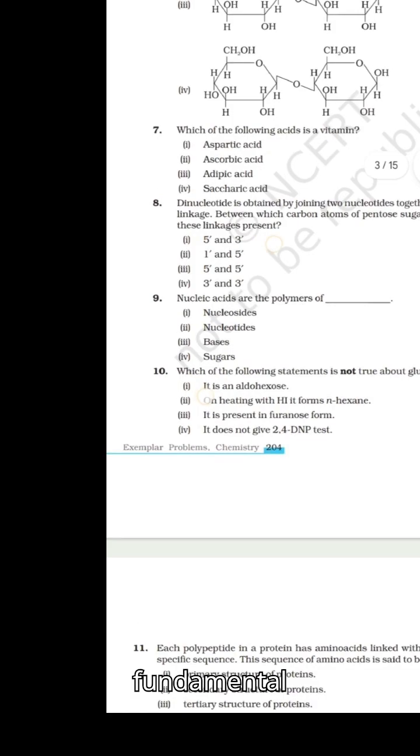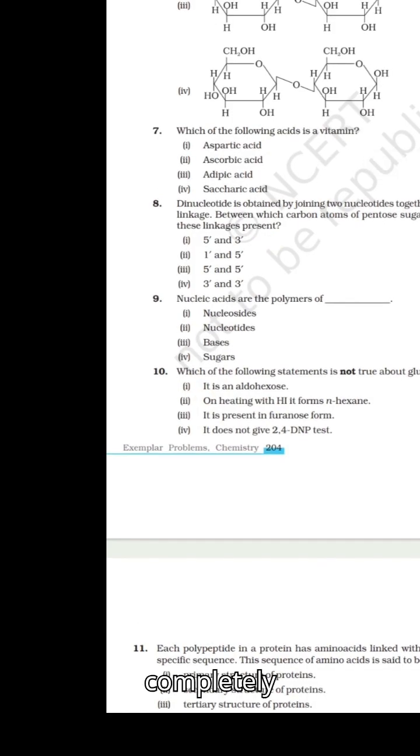Then coming to the nucleotides, they are made up of a sugar, either deoxyribose in DNA or ribose sugar in RNA. So the sugar is held together on one side by a phosphate molecule and on the other side by a nitrogenous base.